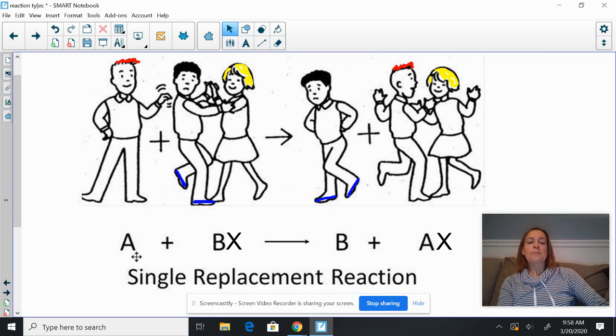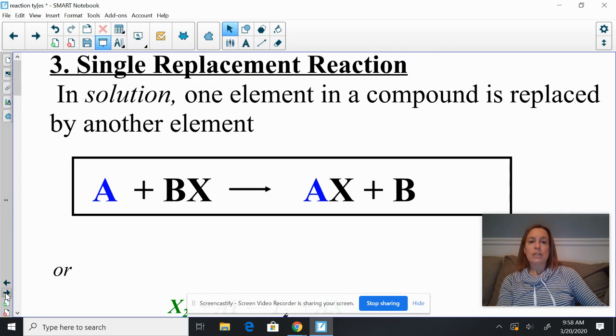So we see the general reaction A plus BX yields B plus AX. And here's what's happening in a single replacement reaction, right? We have one element and one compound. So kind of like the single guy versus the couple dancing, if you will.